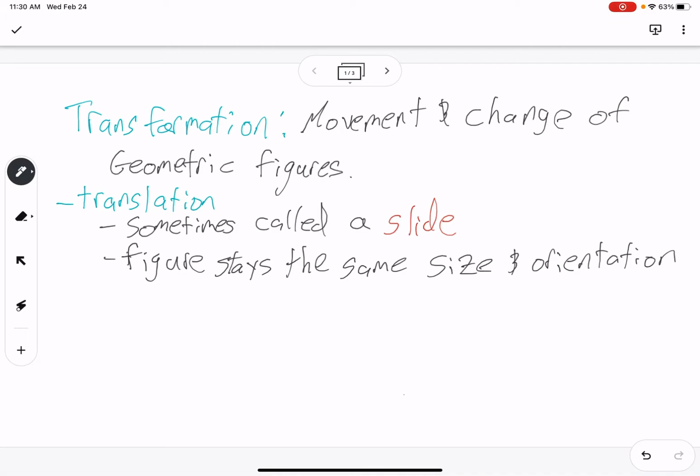The next part of it, again, is when you have a figure and it has different points on it, every point moves in the same direction.